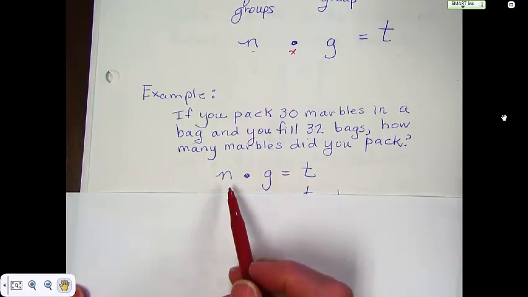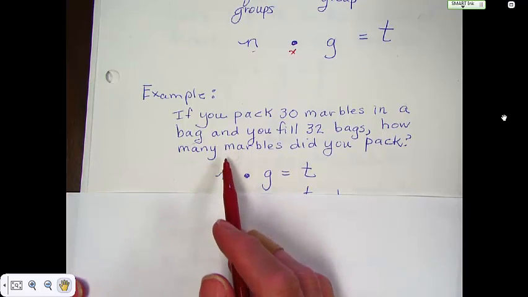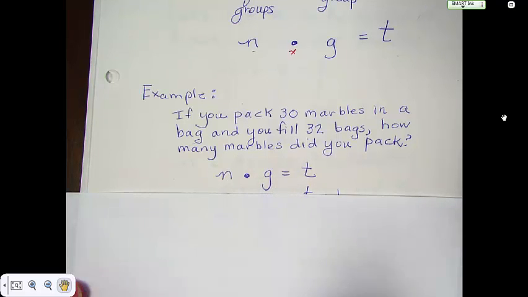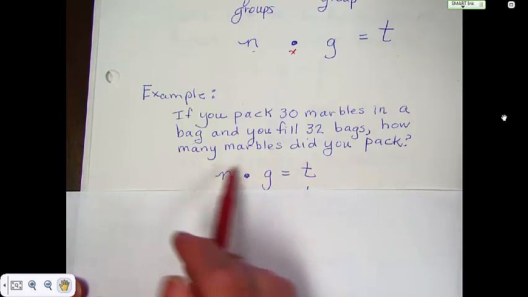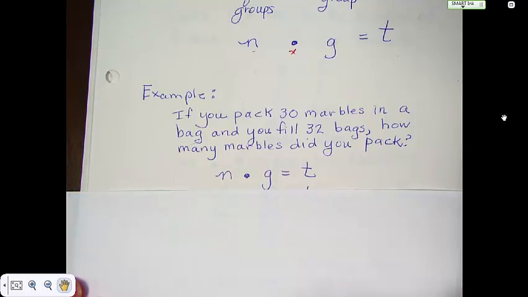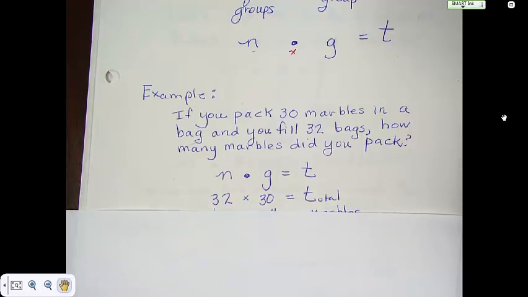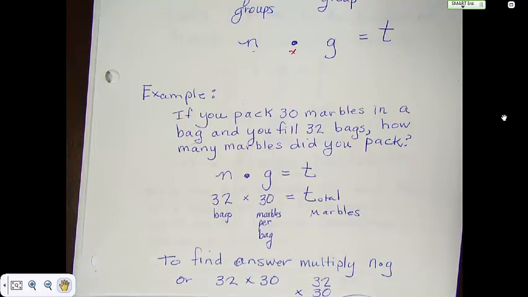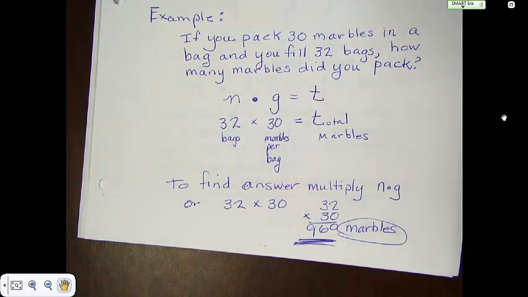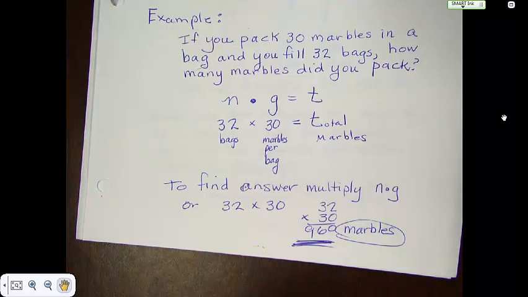You've got the number of equal groups, which is the number of bags, the number in each group, which is the 30 marbles inside each bag, and these two factors multiplied together will give you a total number of marbles. So 32 times 30, that's bags times marbles per bag, is going to give you 960 marbles, if you do the multiplication right.